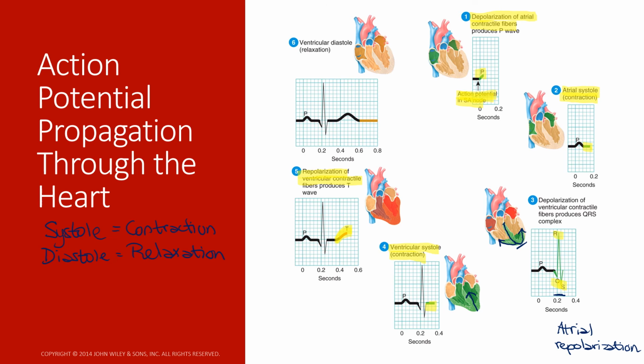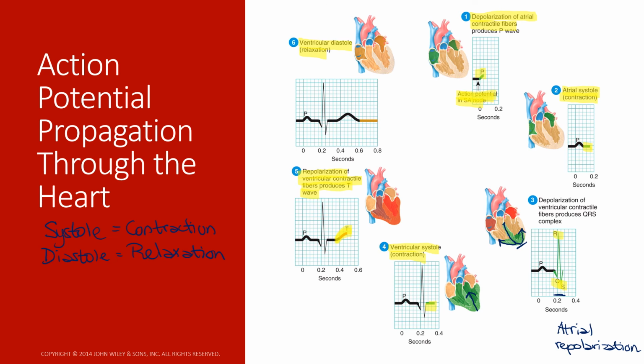So this is the actual repolarization of those fibers. And then shortly after the T wave begins, we're going to have the ventricles start to relax. They're going to go through diastole. So pretty shortly after ventricular repolarization is complete, the ventricular contractile fibers are relaxed.